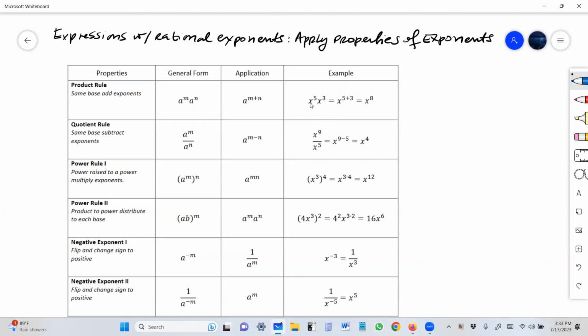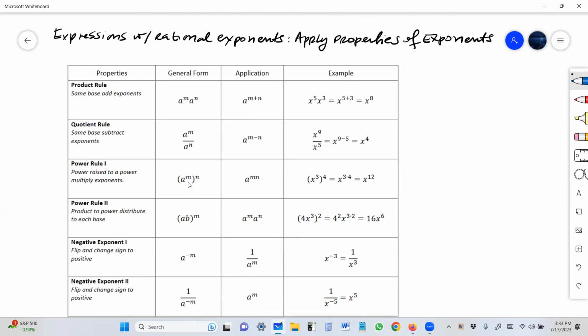As you can see on the example, if I have x to the fifth times x to the third, we add the exponents.